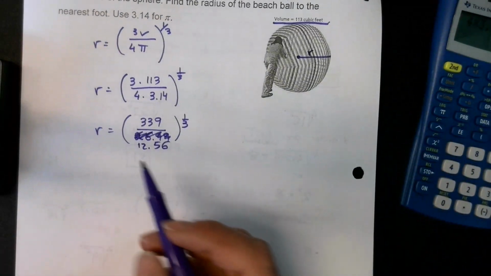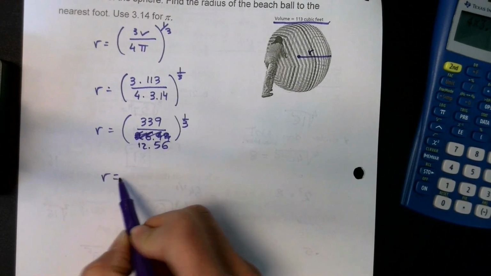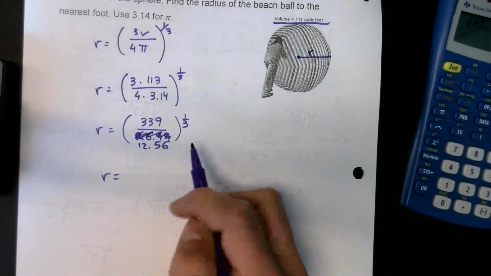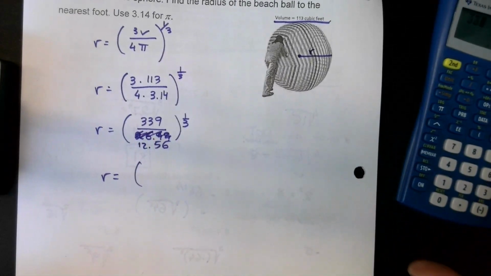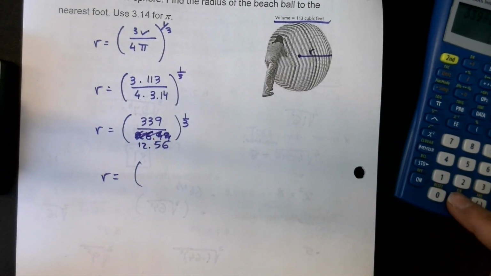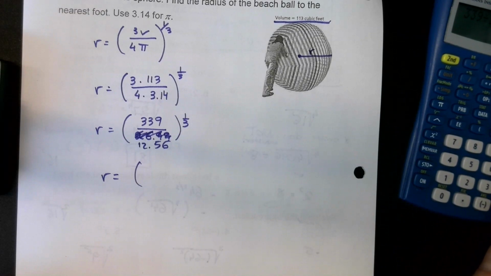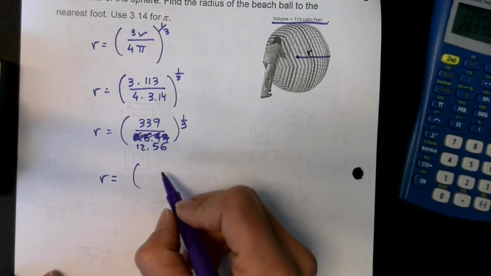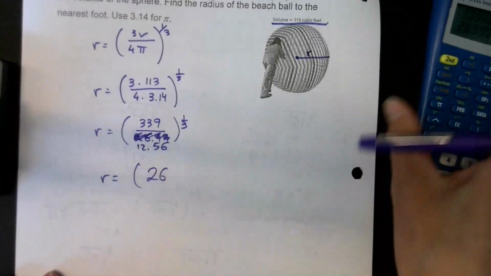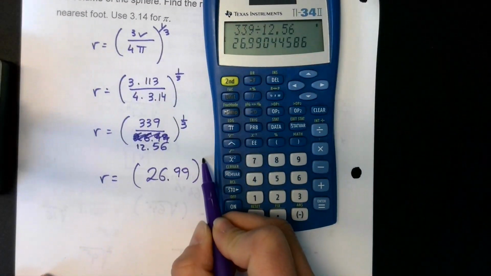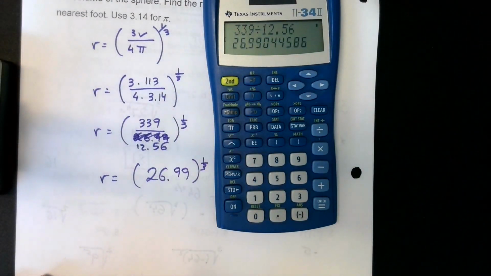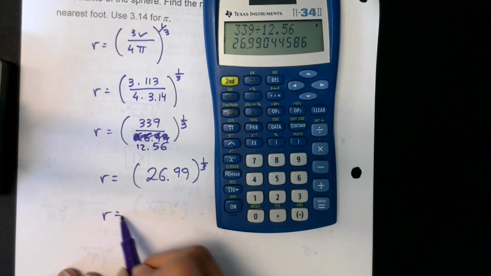So what we will do next is we are going to simplify. It's just a fraction. It's 339 divided by 12.56. So let's plug it in. 339 divided by 12.56. You end up with 26.99 to the 1/3. Now this should look familiar to you guys because now we can actually rewrite it.